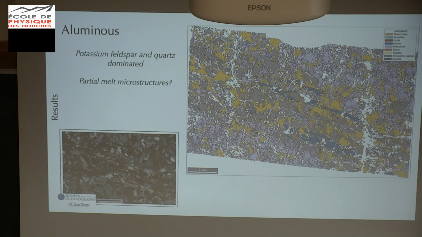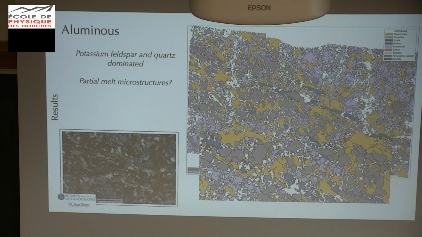The really interesting thing here is that you also see this quartz, and also a new phase, this purple stuff here, that's potassium feldspar. This is a messy sample, but if you blow up the microstructures, you see very small interstitial quartz grains with a patchy potassium feldspar microstructure as well.